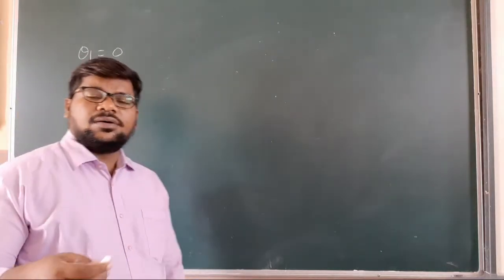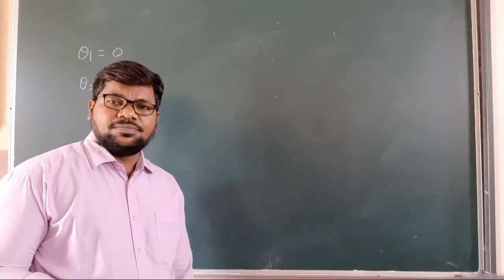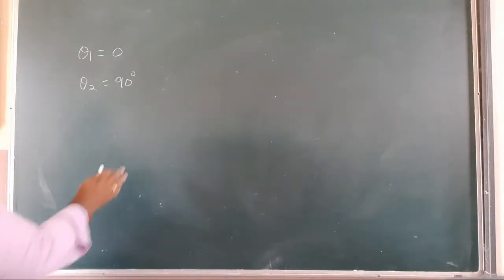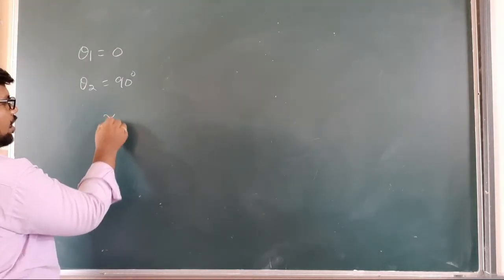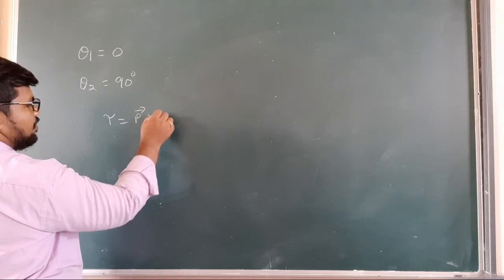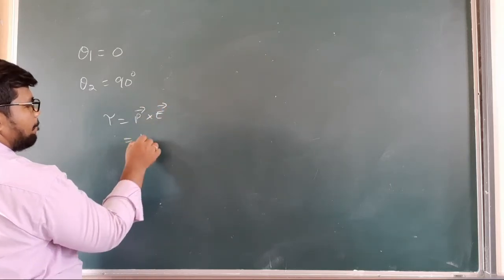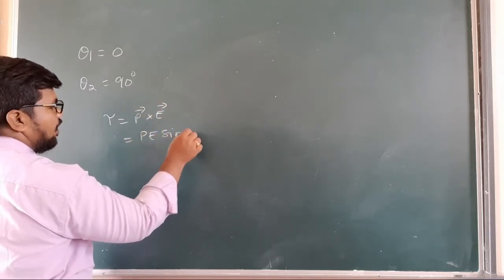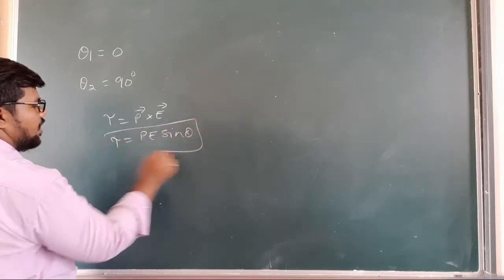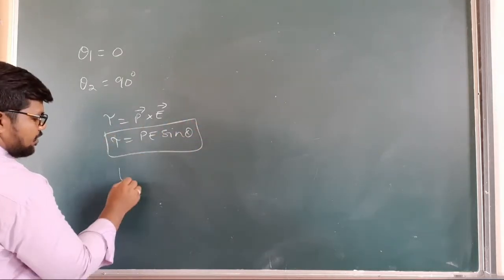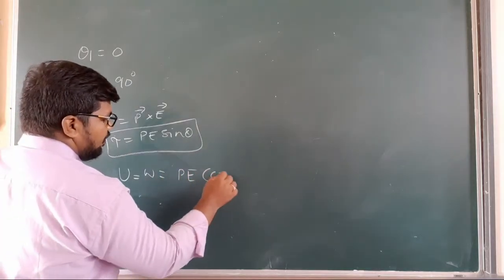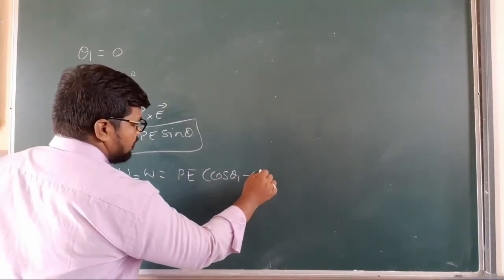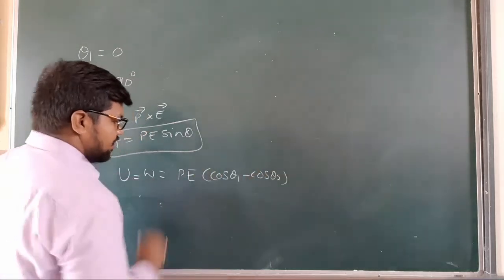So what is the potential energy of the dipole? We know how we can get the potential energy. We know that tau is equal to P bar cross E bar, which is P E sin theta. Then potential energy or work done is equal to PE (cos theta 1 minus cos theta 2), from the previous derivation.